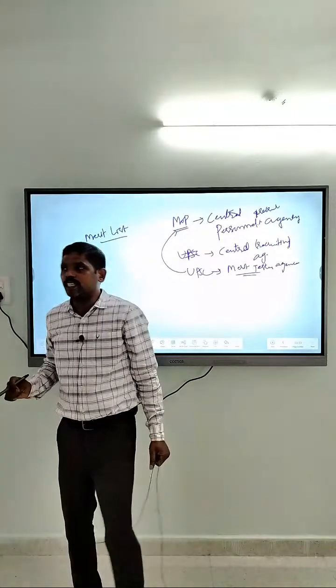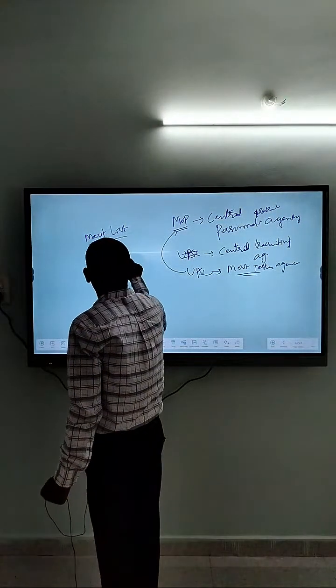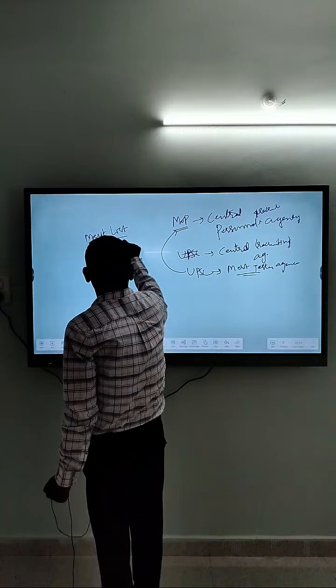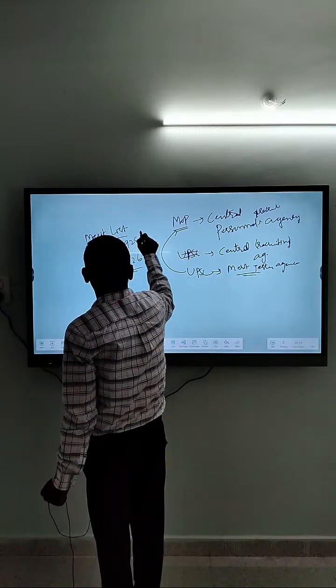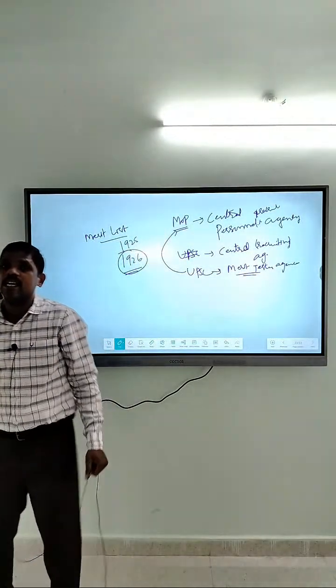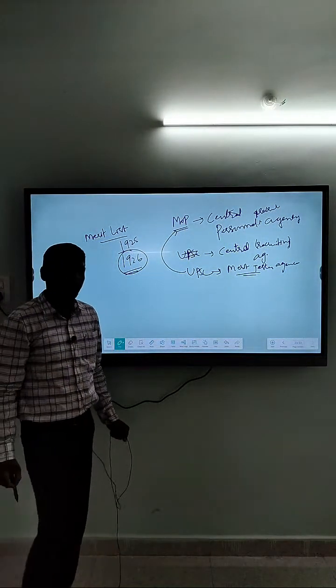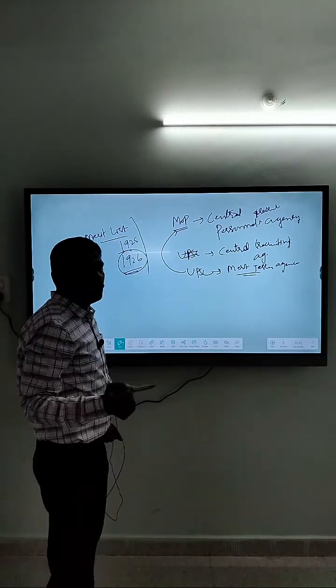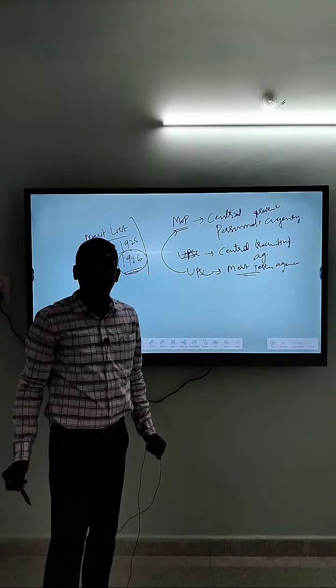The report was submitted in 1925, and the Commission came into existence in 1926. These are the main elements of the 1919 Act.